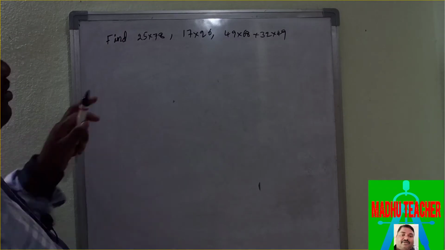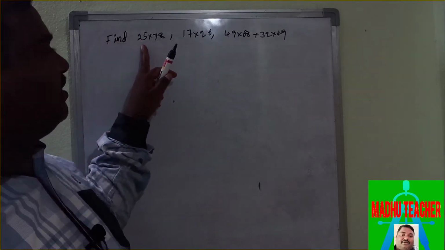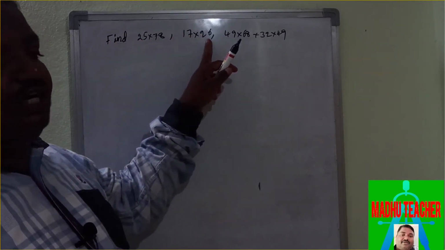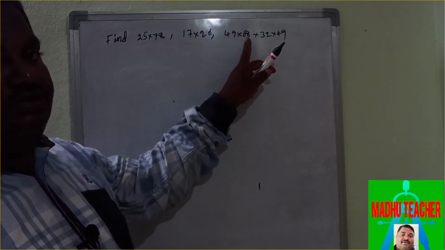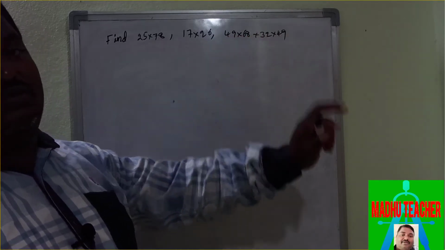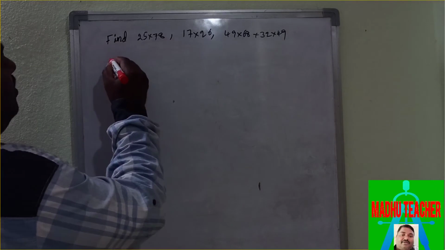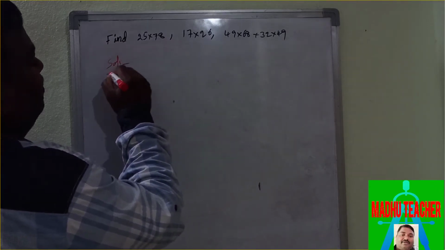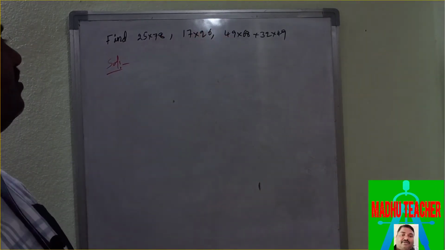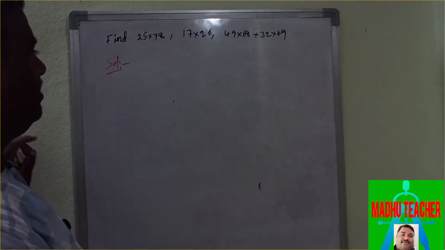Now the next question: find 25 into 78, 17 into 26, 49 into 68 plus 32 into 49. By using distributive property, we can simplify these questions very simply.